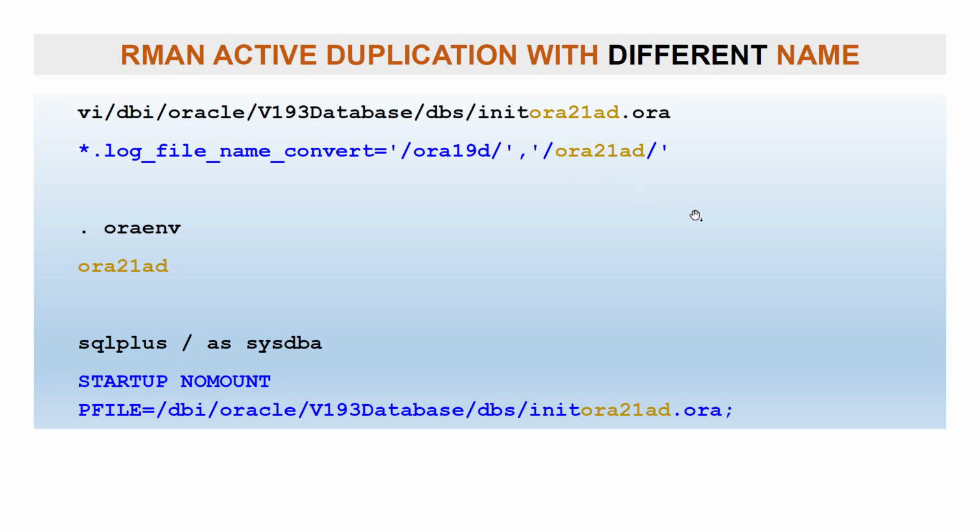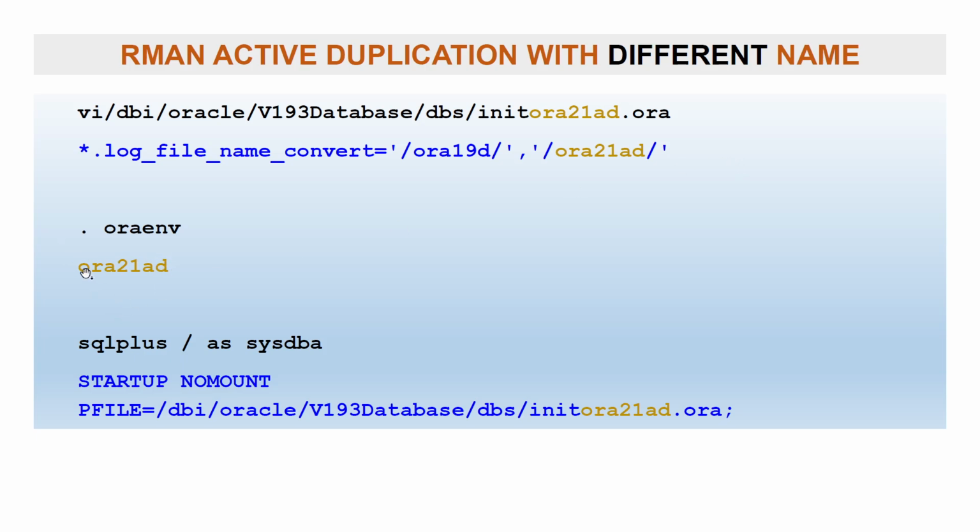Now, the trick here is that if you have multiple destinations for the log files on the source database, you will have to add all of those in log file name convert, so that when it does the restore, it redirects those redo logs to the new location. So if you have multiple paths on the source database, make sure you add them all, comma separated.